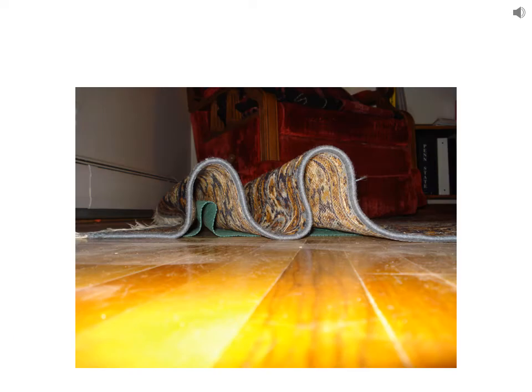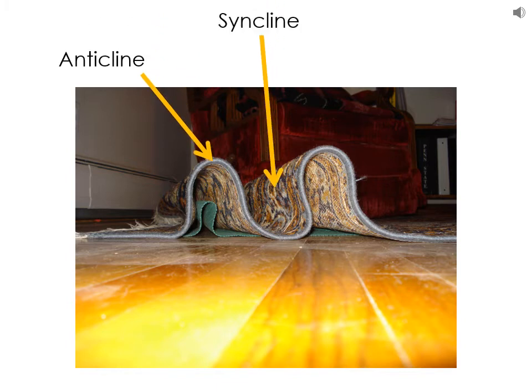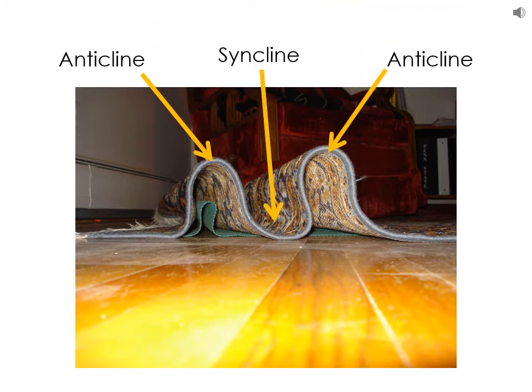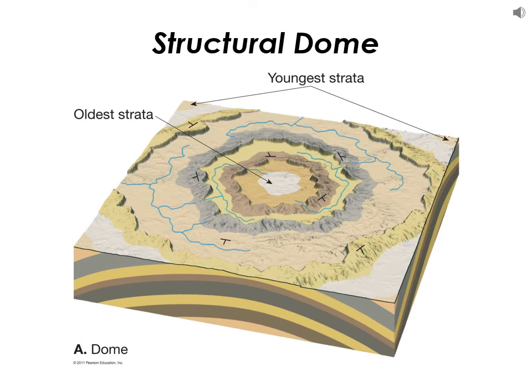And so you see, this is a nice corollary to anticlines and synclines, right? We shorten and thicken that rug, and so the up folds are anticlines and the down folds are synclines. Now, if we fold in two directions, right? So instead of just folding this way, we also have folding this way.